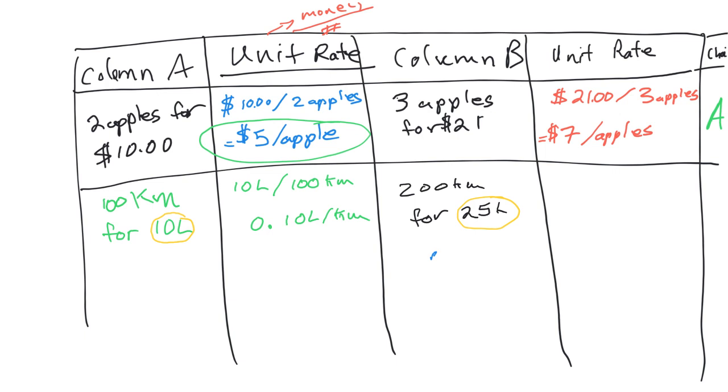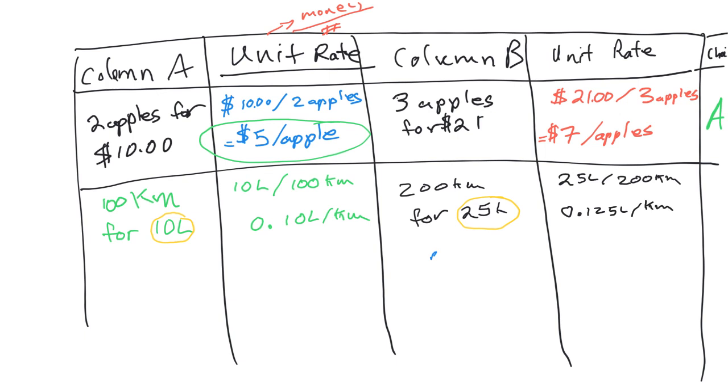Let's check the next one. So now we go 25 liters divided by 200 kilometers. When you do your calculation in this case, you're going to get 0.125 liters per kilometer, right?